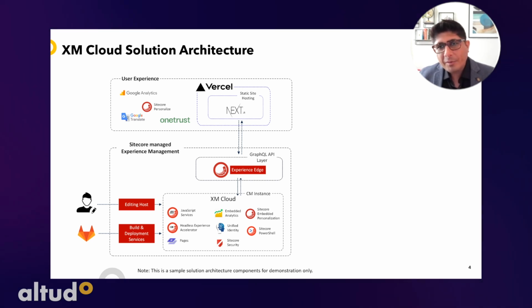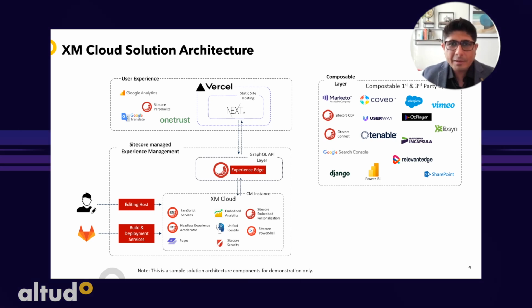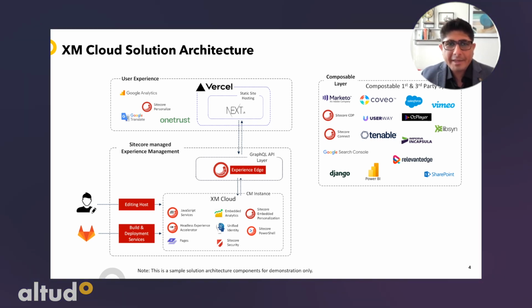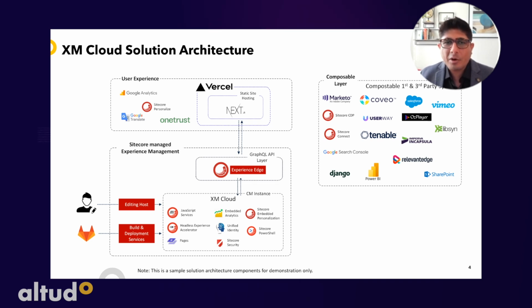Now, from the composable layer perspective, it's not that we are tying up or entering into a Sitecore-only ecosystem. We have a lot of flexibility in choosing the right product to deliver various unique experiences.